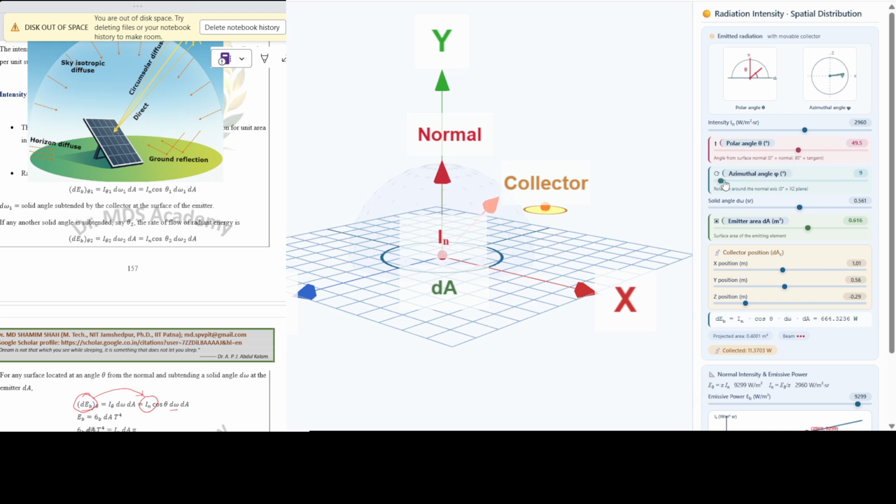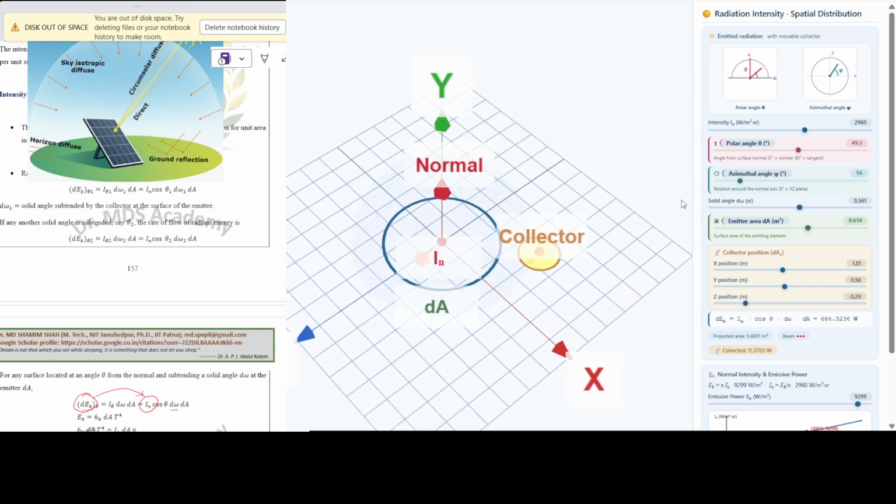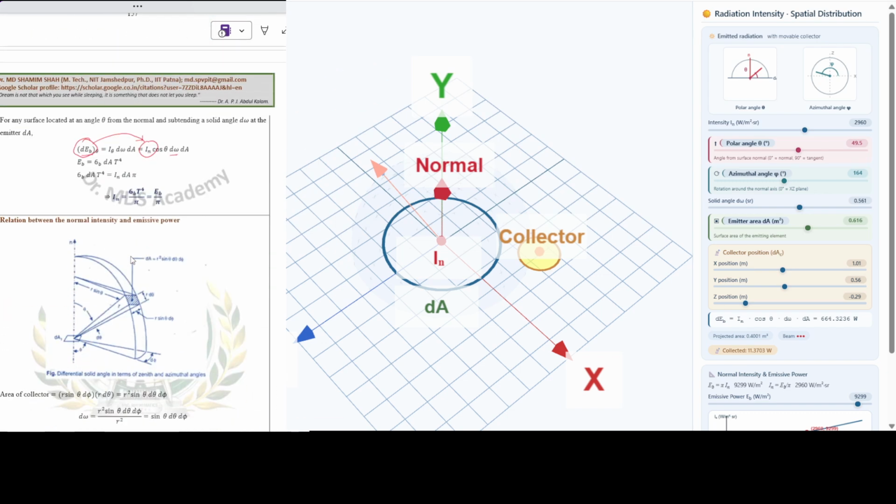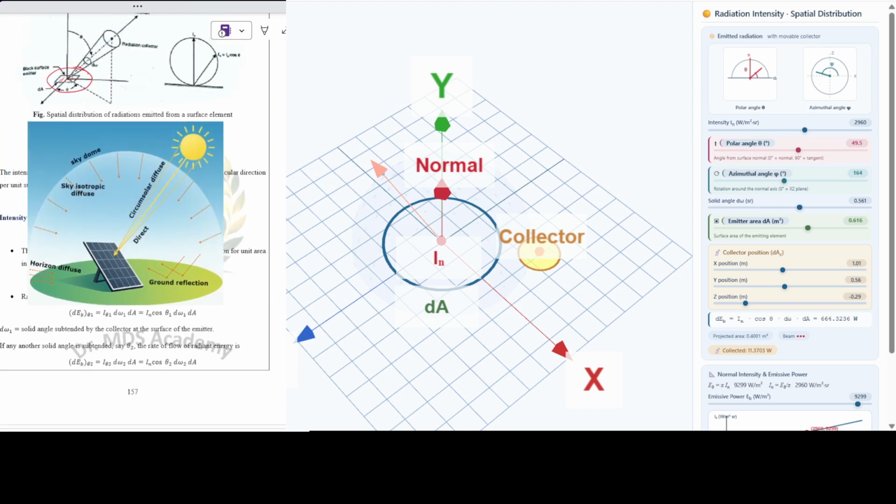Assume the angle is changing, moving like this, in 3D. You might have seen that the angle is this one, phi. Like this it is moving.